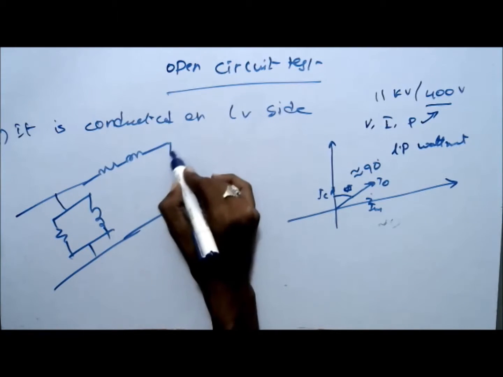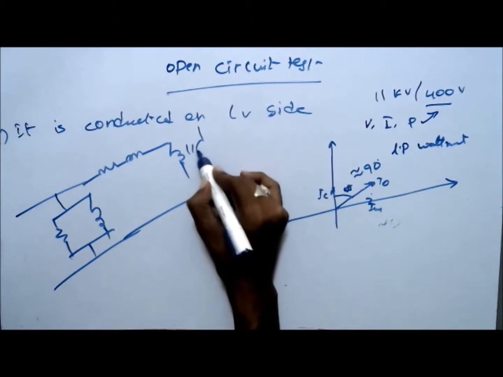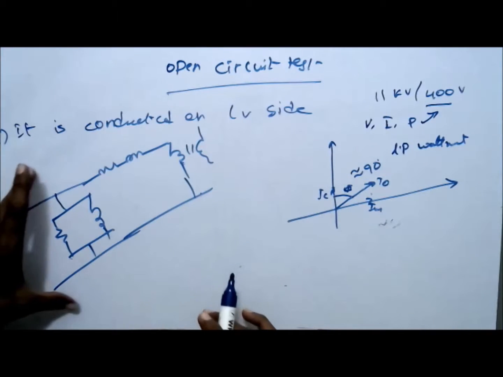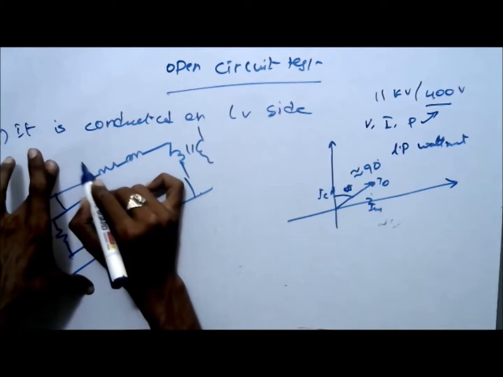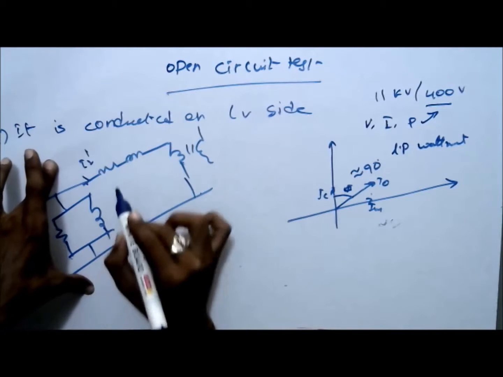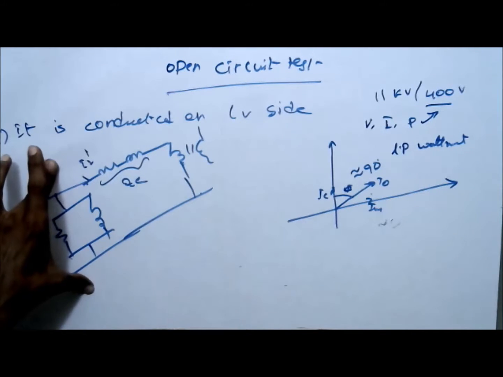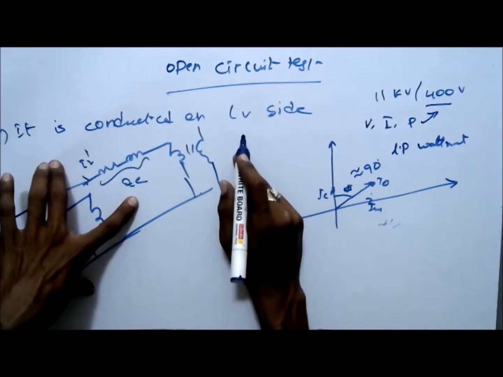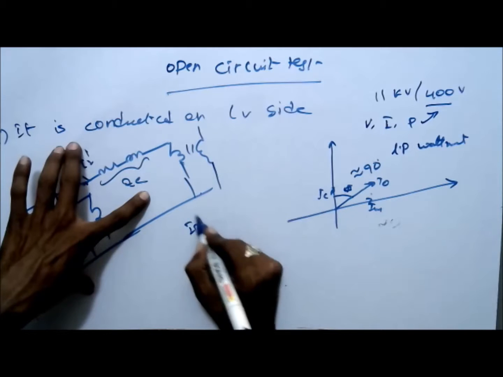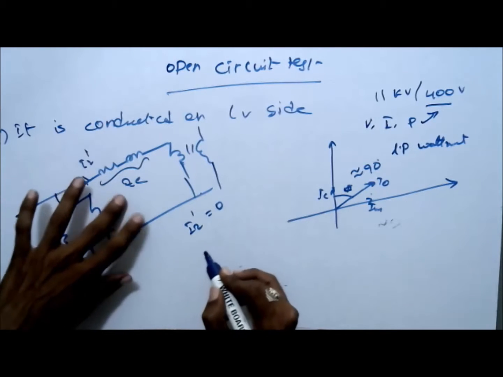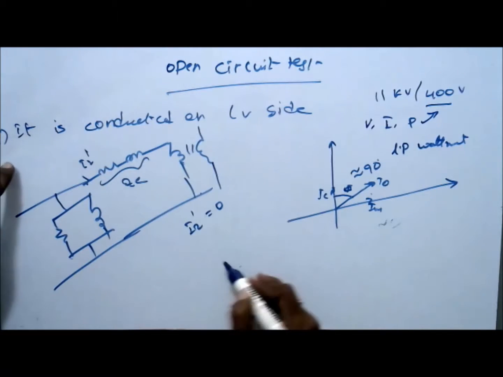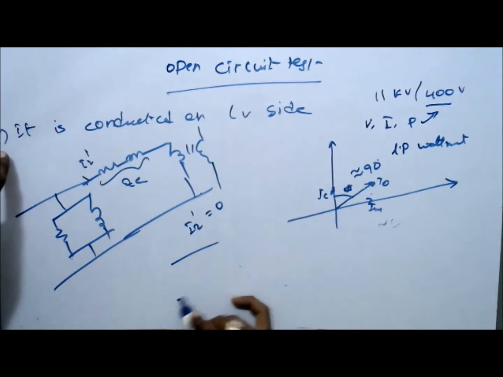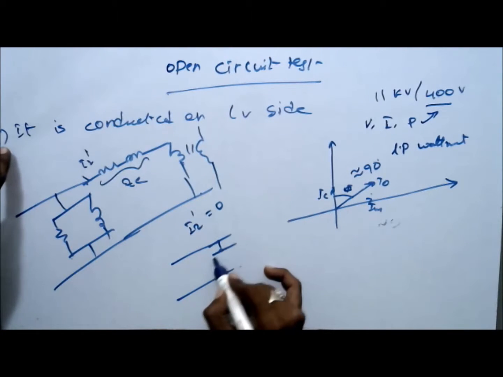This current is I2 dash. This is ZE, the equivalent impedance. Since the secondary is open circuited, I2 dash is equal to 0. So we can neglect this entire branch and we simply get one circuit, that is this shunt branch circuit.